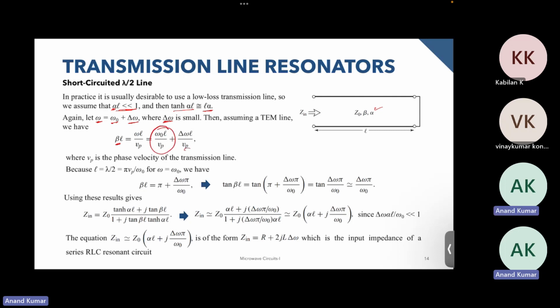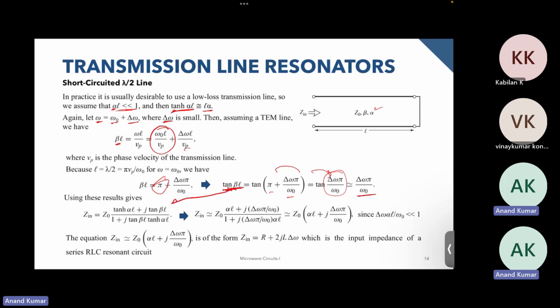The first term is equal to pi, and tan beta L is now tan of pi plus delta omega by omega naught. Since this is also very small, we can equate it to pi delta omega by omega naught.